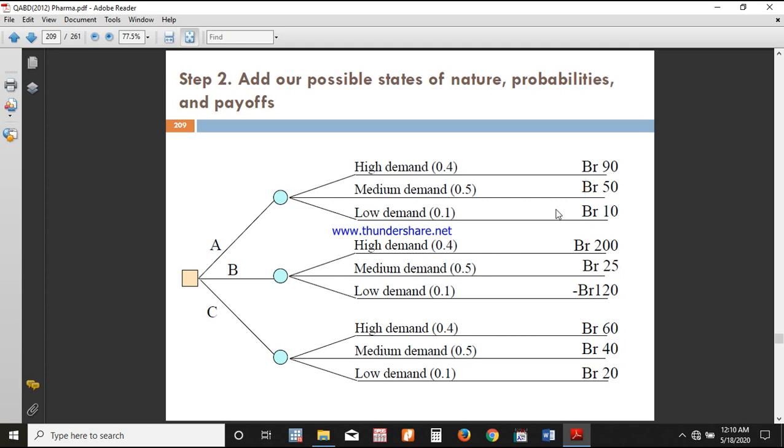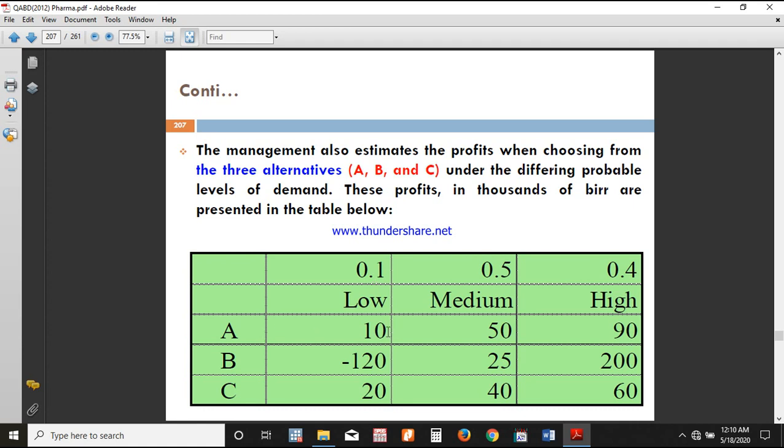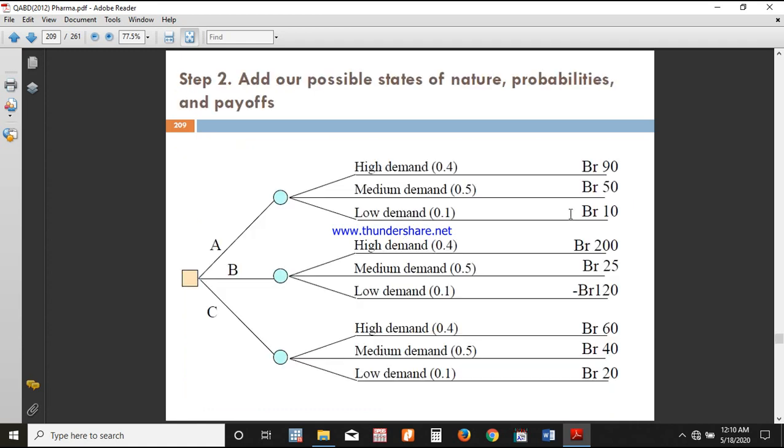For alternative A, the payoffs are 10, 50, 10.